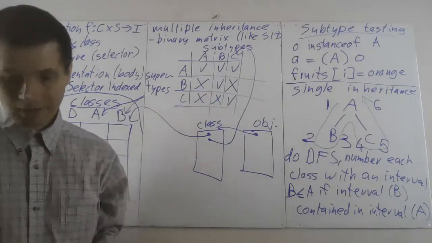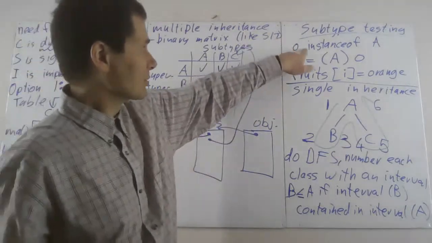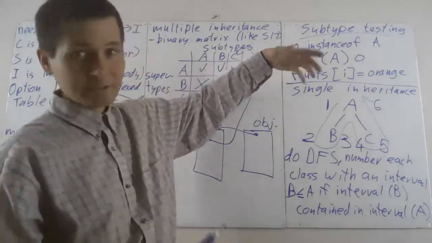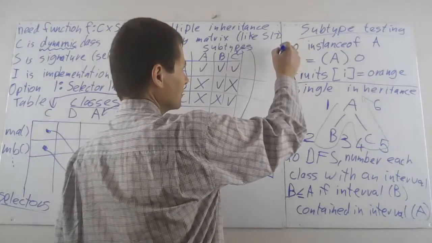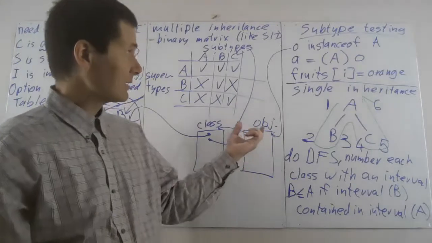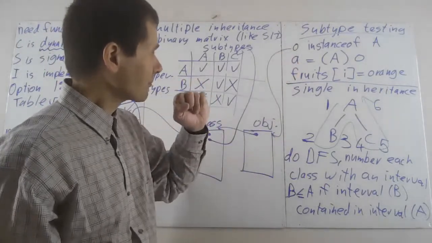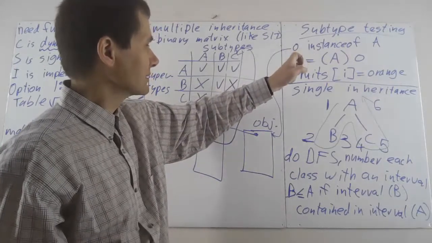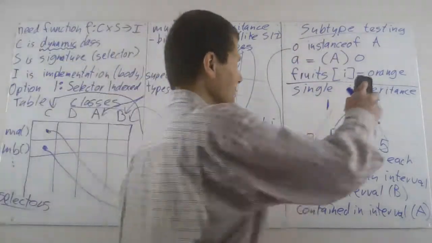What you don't know at compile time is what the runtime type of, let's say we're doing O instance of A, is. So O here is some variable, and at runtime, that variable O is going to point to some object. Okay, I can change my example.